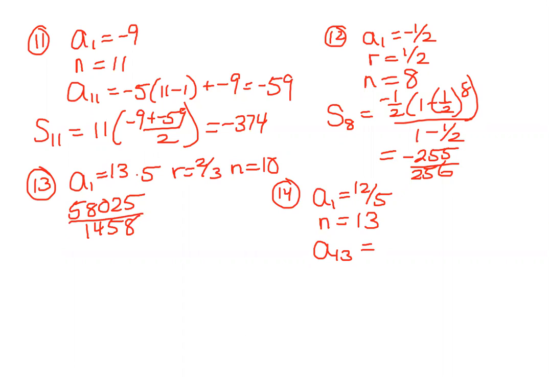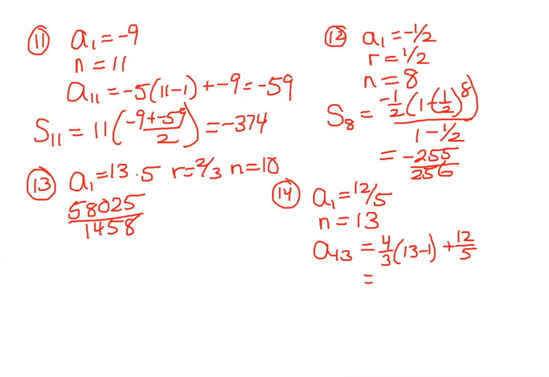D is, let's see, 4/3, I think. So let's see if that works. 4/3 times 13 minus 1, plus 12/5.